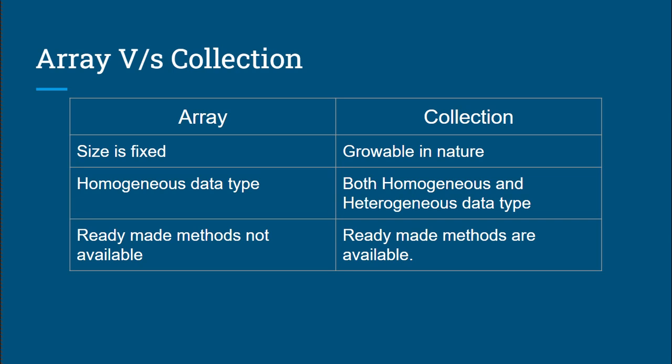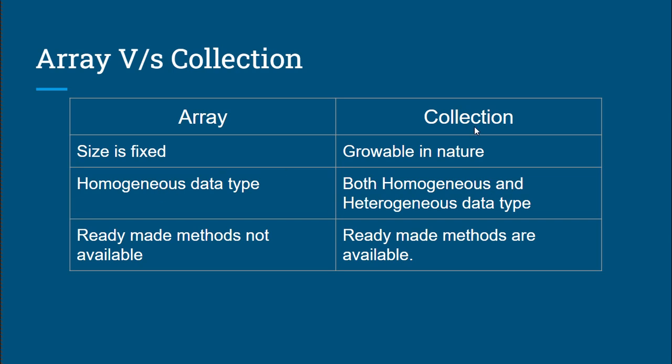In an array, if you try to store data, all of it is homogeneous data types. That means we don't have any option to store heterogeneous data in the array.